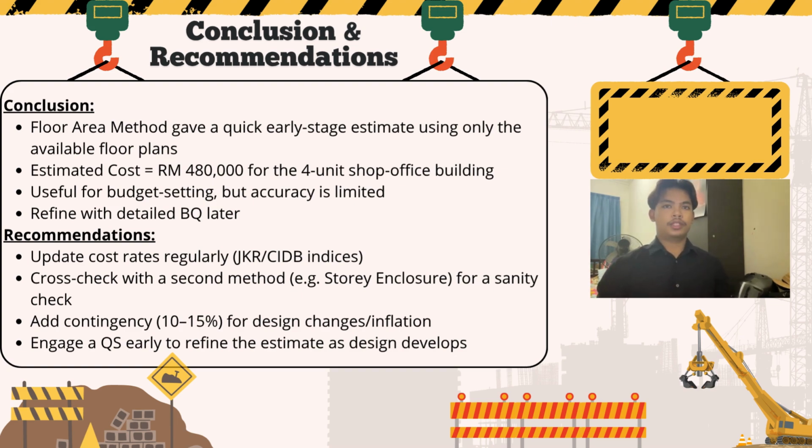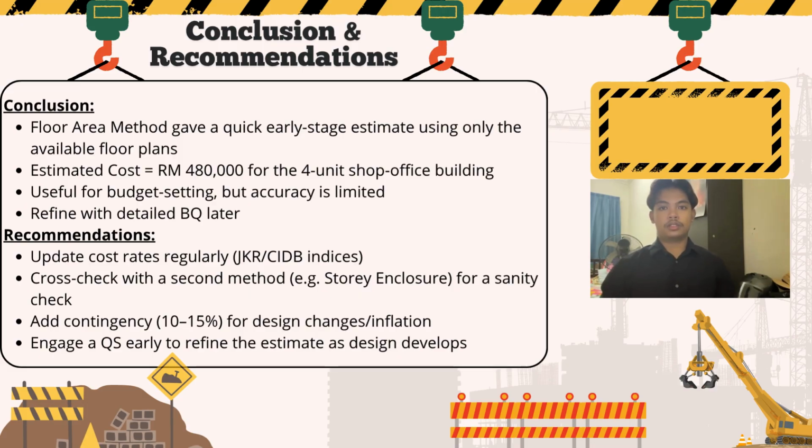And in terms of recommendation, cost rates should be updated regularly using indices from JKR or CIDB. It's also good practice to cross-check the estimate using a second method, such as the story enclosure method, as a sanity check.